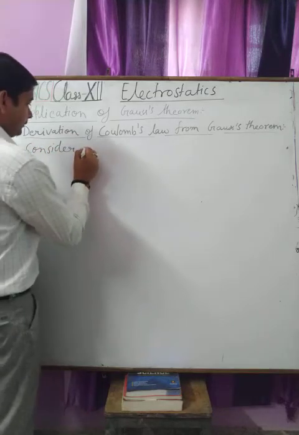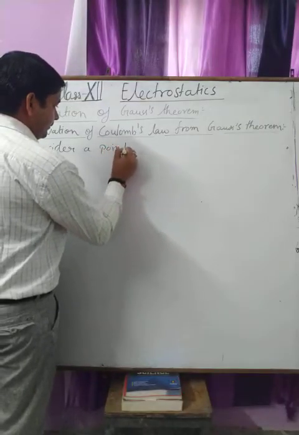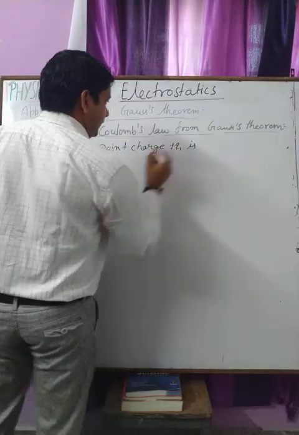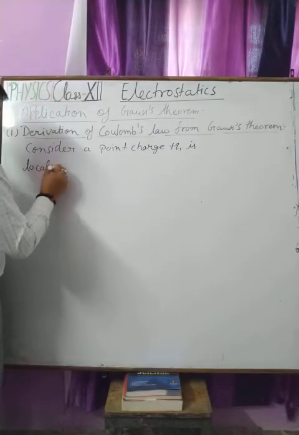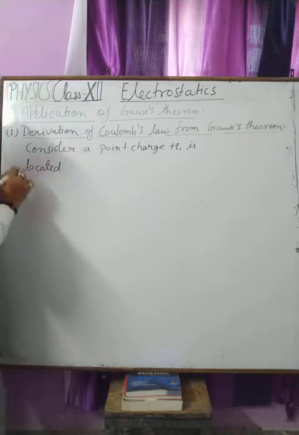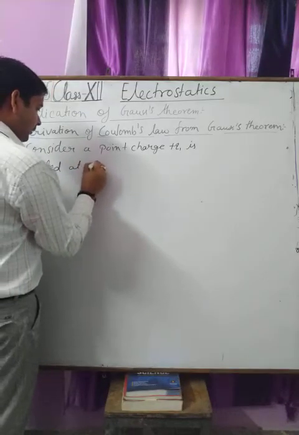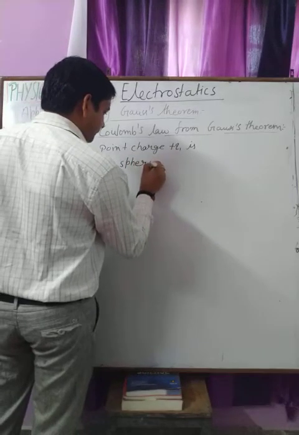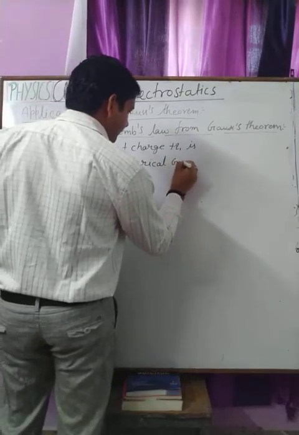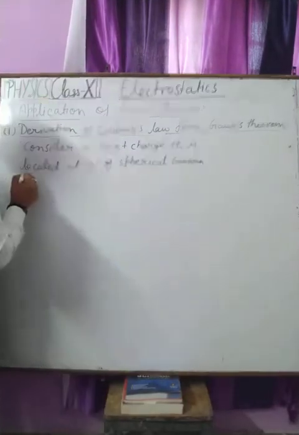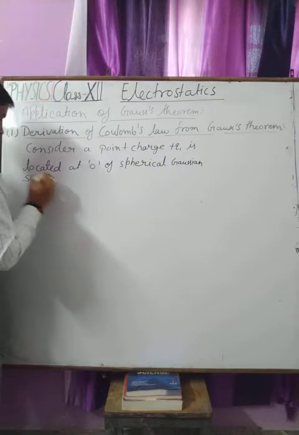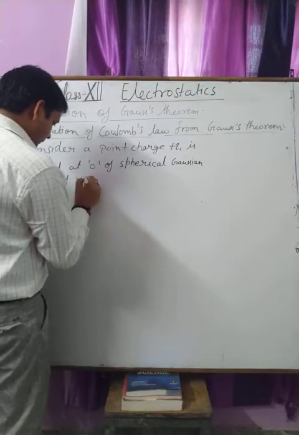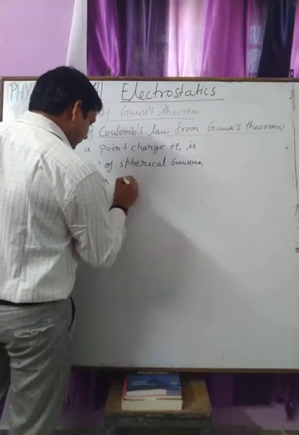Consider a point charge plus q1 located at O, the center of a spherical Gaussian surface of radius r.